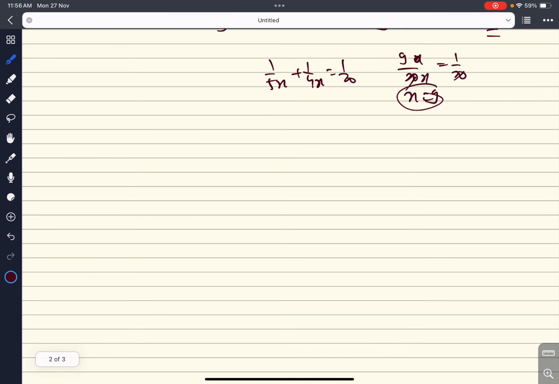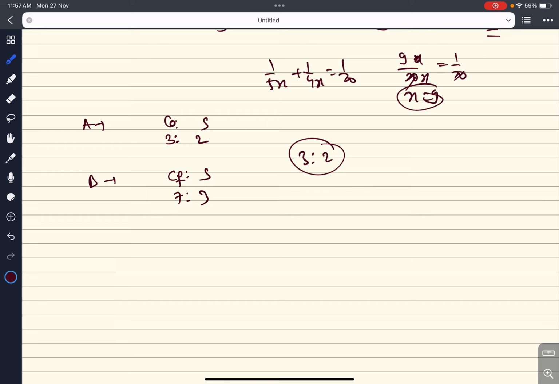Okay, one more question. A mixture A contains cocoa and sugar in the ratio 3:2. A mixture B contains coffee and sugar; cocoa I'm writing CO, and coffee CF, in the ratio 7:3. Now A and B are mixed in the ratio 3:2.